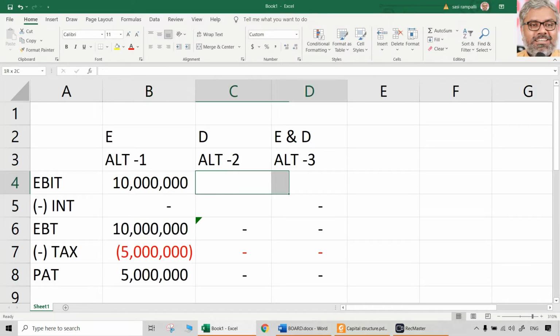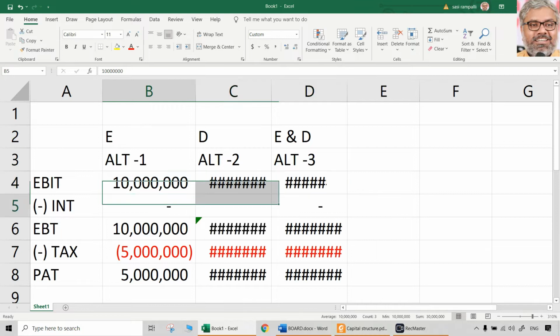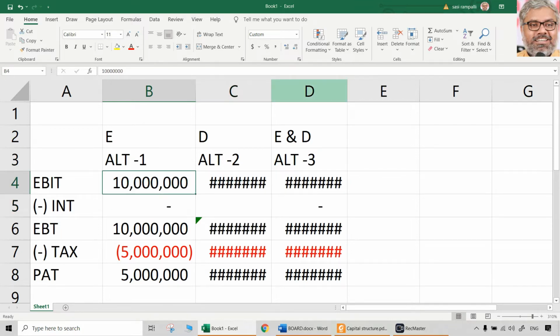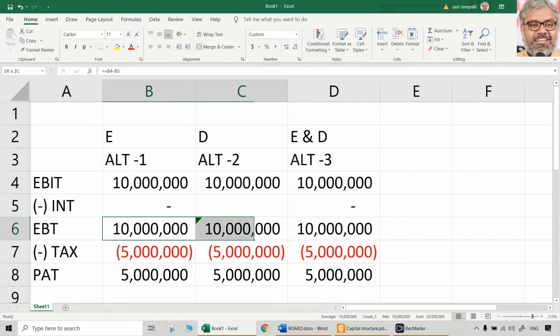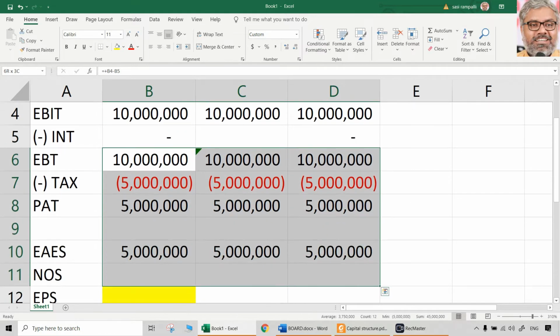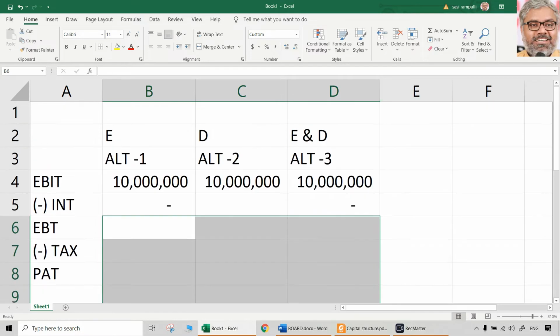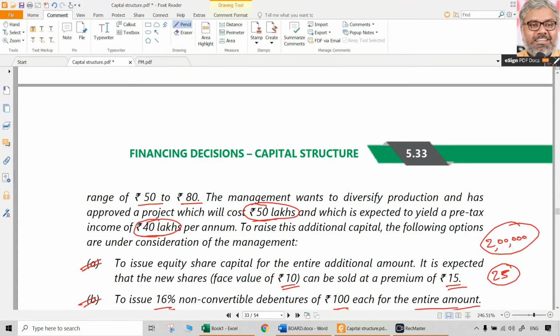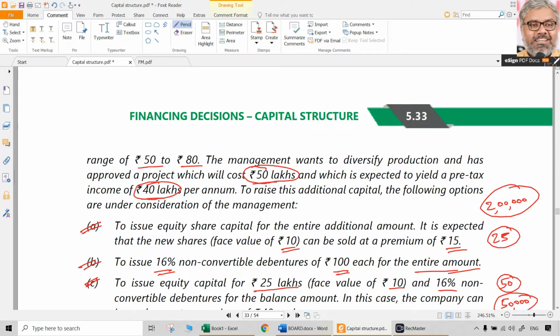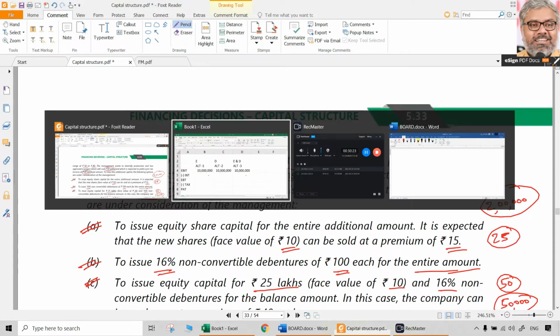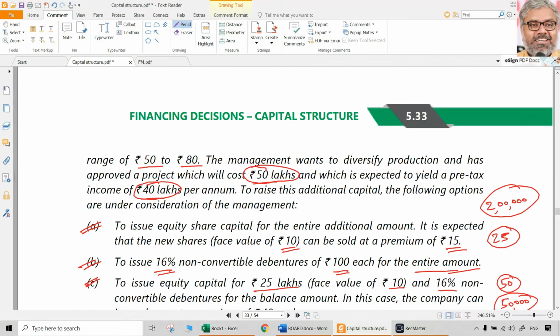is the EBIT. 100 lakhs means 1 crore. 1 crore is going to be the EBIT in each of the three alternatives. Then what happens in alternative 1?